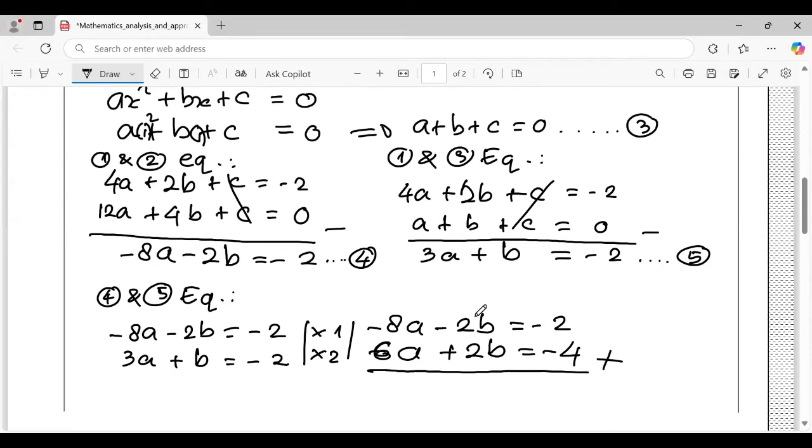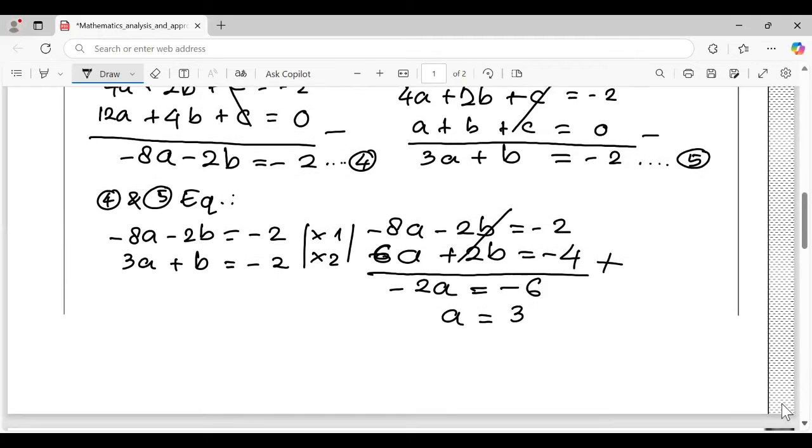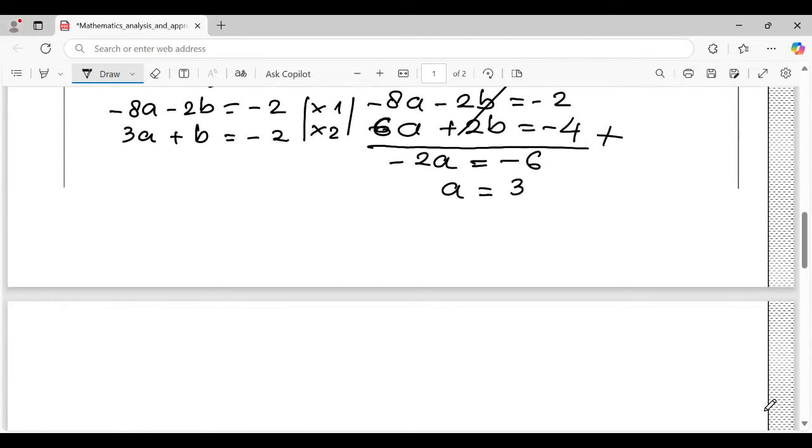Because we are going to eliminate 2b, this is minus 2a equals minus 6, and a equals minus 6 over minus 2 equals 3. Okay, a equals 3.